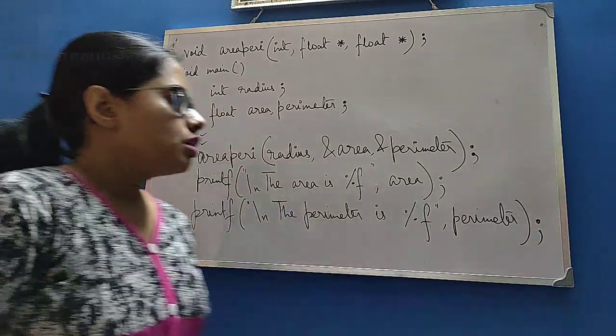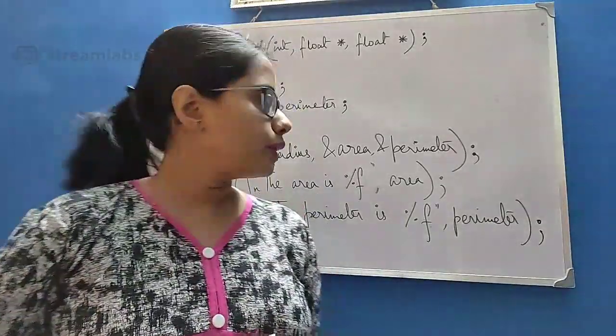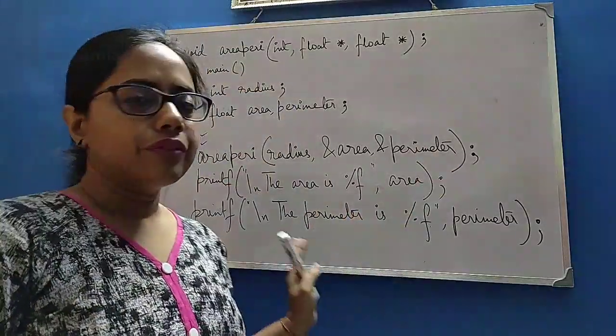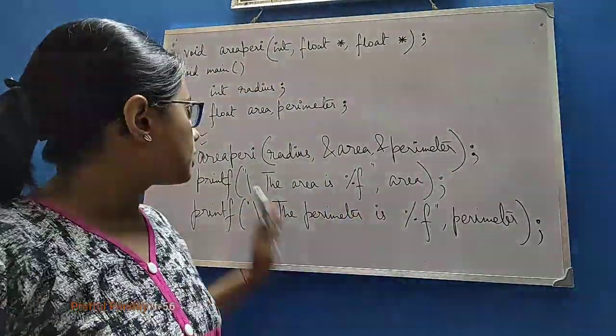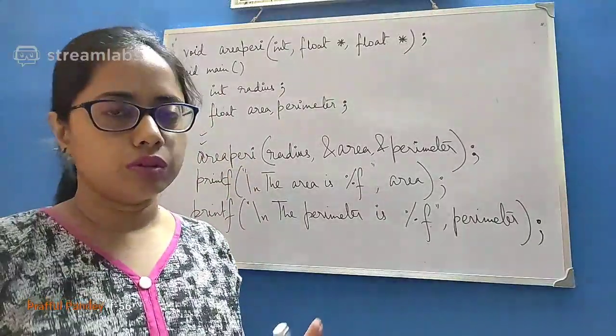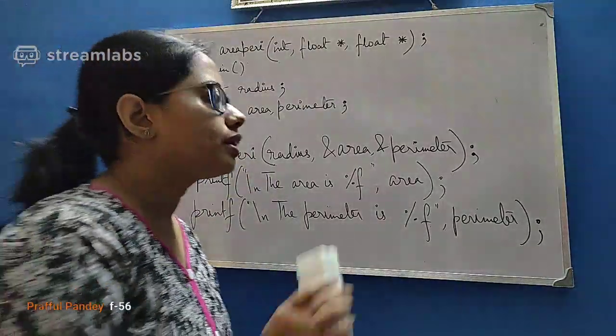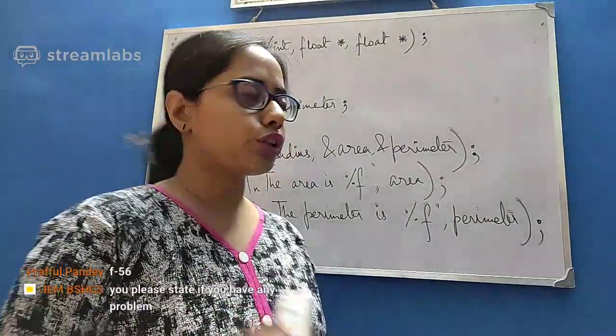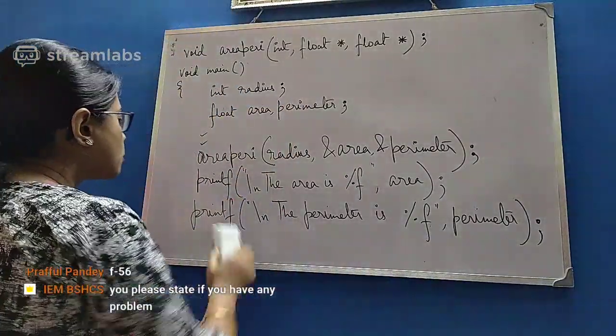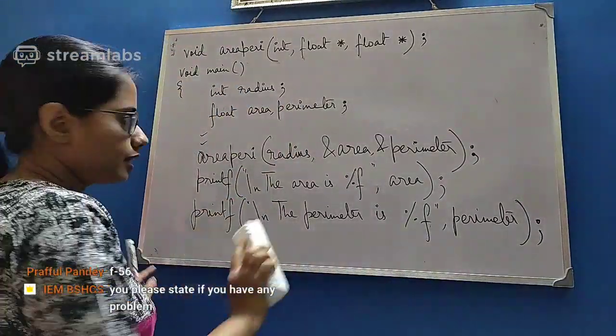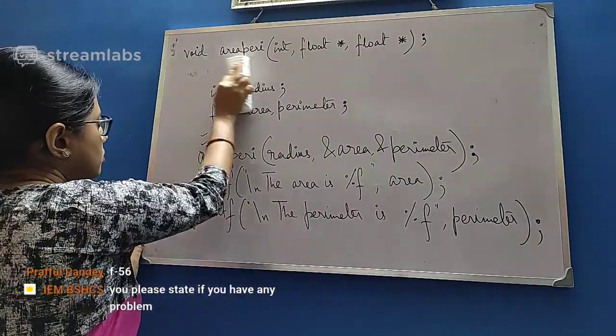Alright. So up to this it is clear. Now I will just rub this entire thing off, because this is something that you have already understood, you'll be able to write. I'll explain the actual definition of the function. Okay, so I'm just rubbing this entire thing off, right, from void main.